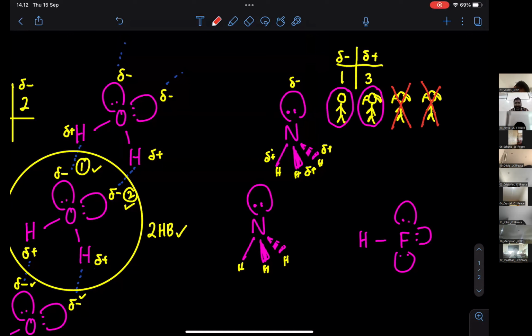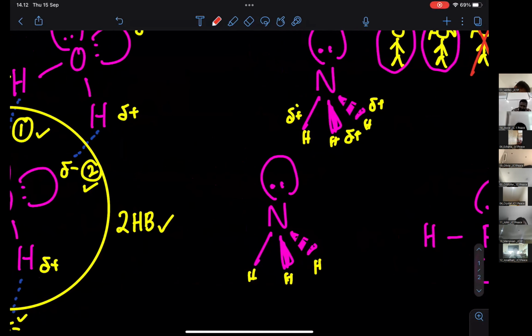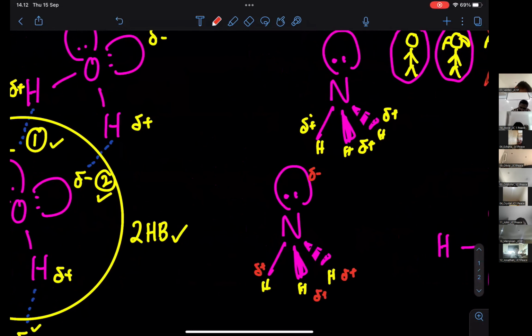If I represent this in the form of a drawing, this is delta negative, delta negative, delta positive, delta positive, delta positive. This guy will couple up with this, and this end goes to waste.